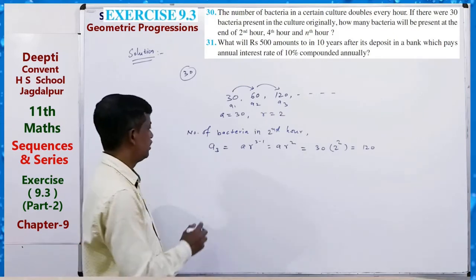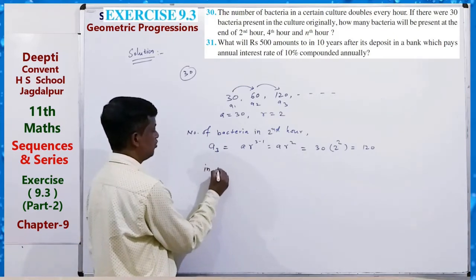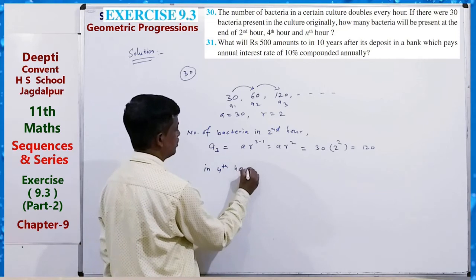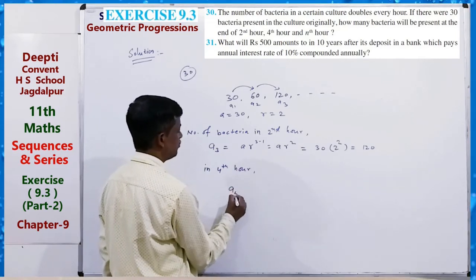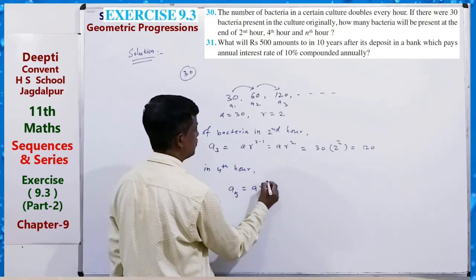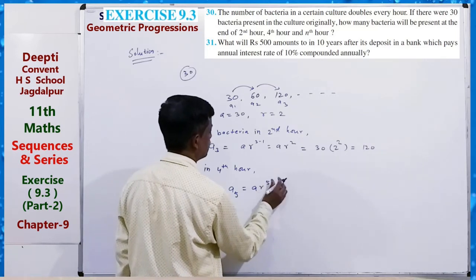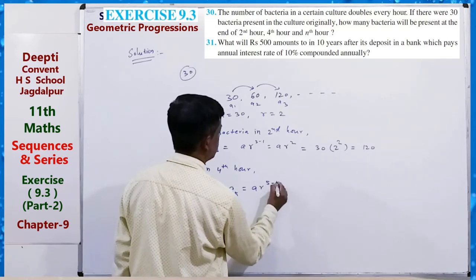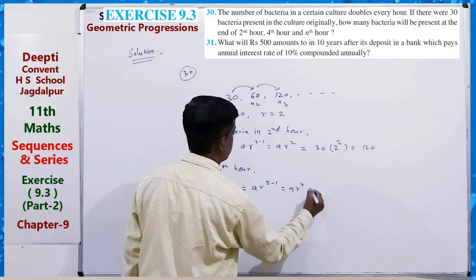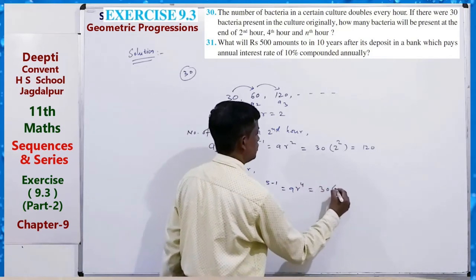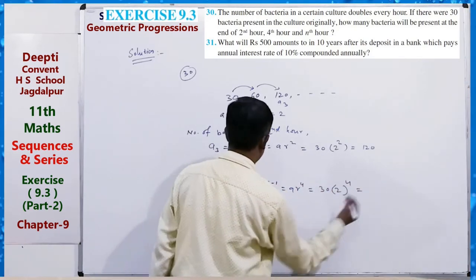And in fourth hour means A5. That is A R to the power 5 minus 1 equals to A R to the power 4, means 30 into 2 to the power 4.